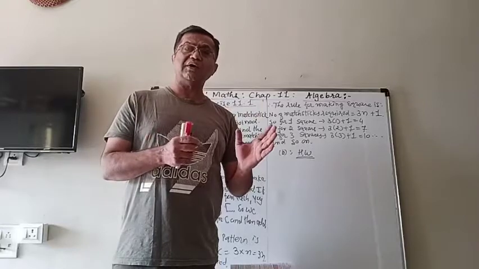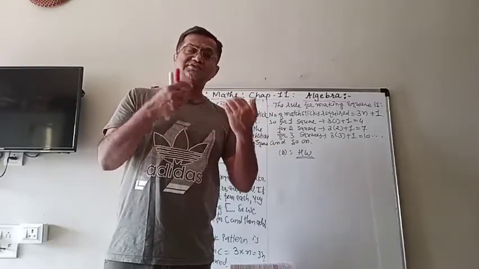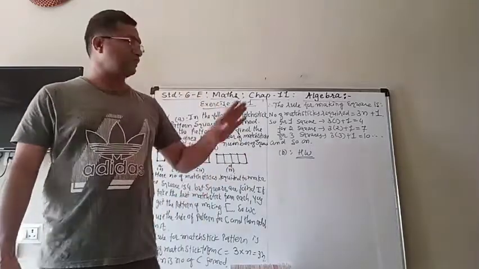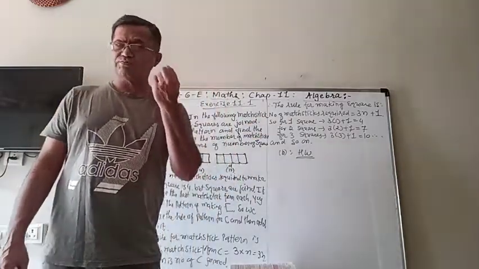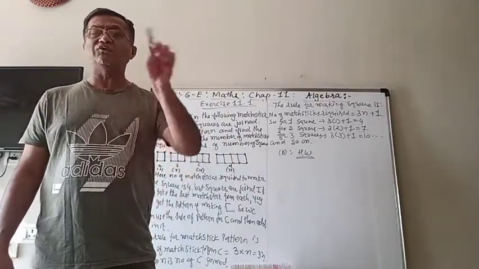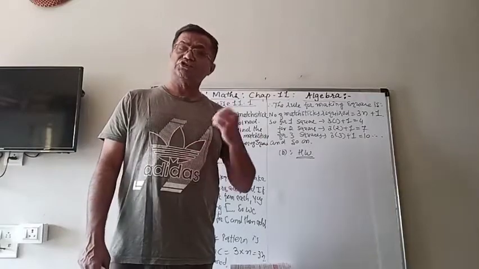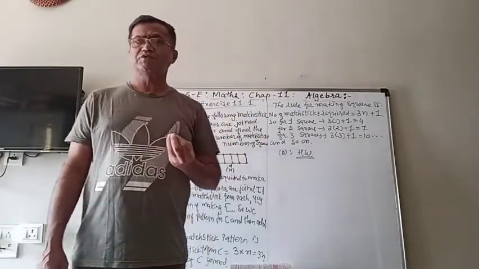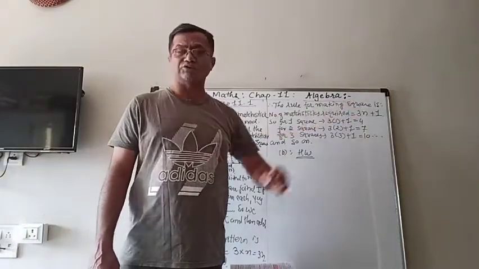So we can convert the pattern to make C into the pattern for squares. To make a square we need only one more matchstick than the C. So C's pattern was 3n. So here one more means the number of matchsticks required is equal to 3n plus 1.